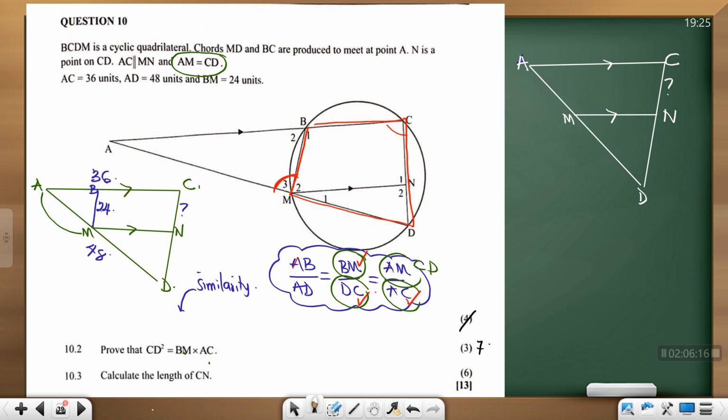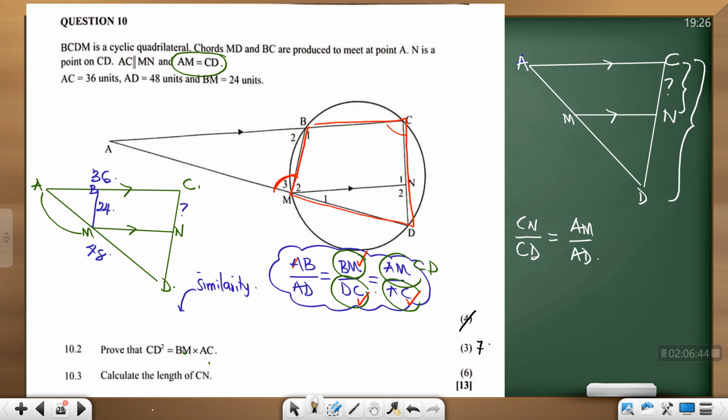What am I looking for? CN. Can I say CN over CD is equal to, please check the movement, CN over what? The other side. AM over AD.